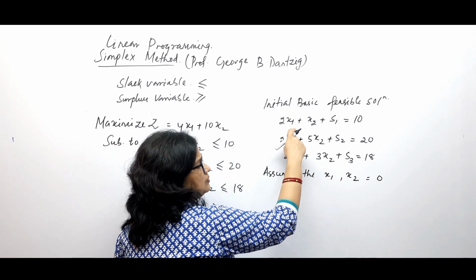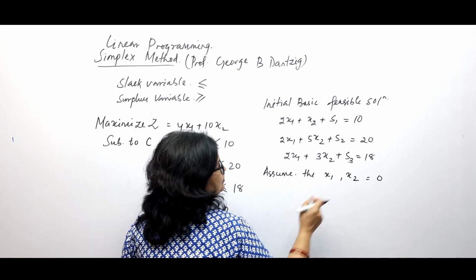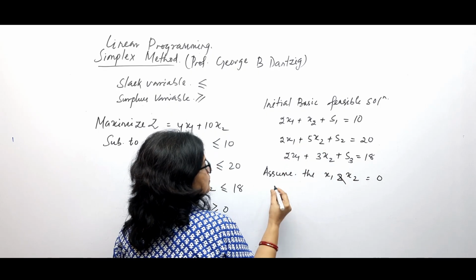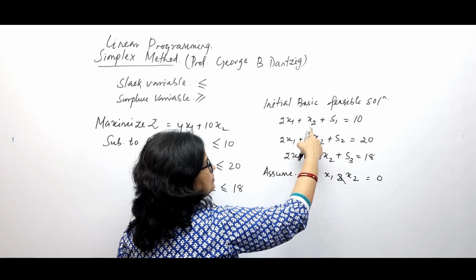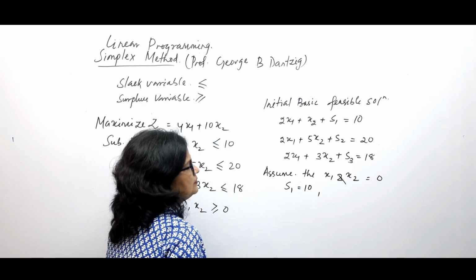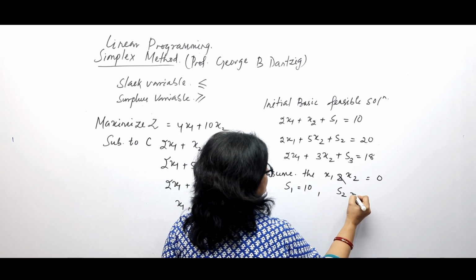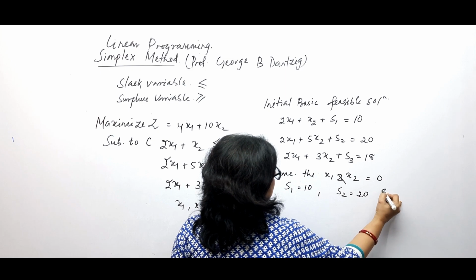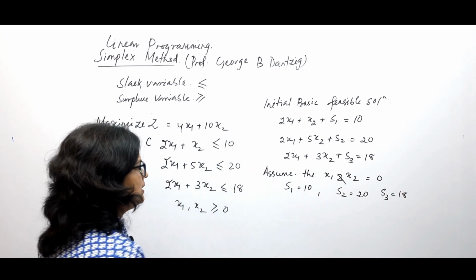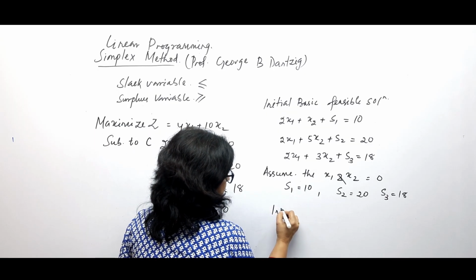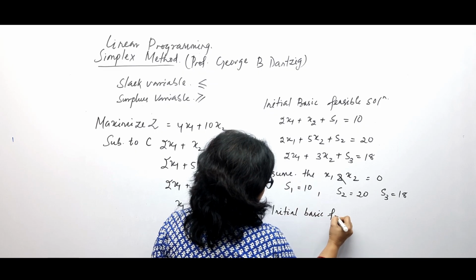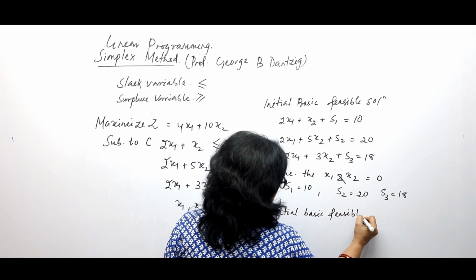If we take x1 and x2 equal to 0, then what will be our s1? Put 0 here, then s1 equal to 10, s2 equal to 20, s3 equal to 18. This is our initial basic feasible solution.